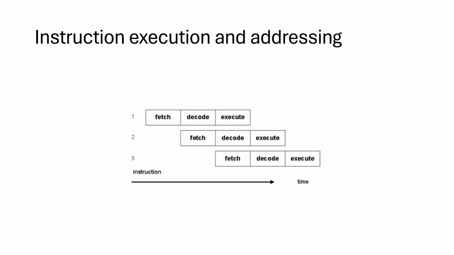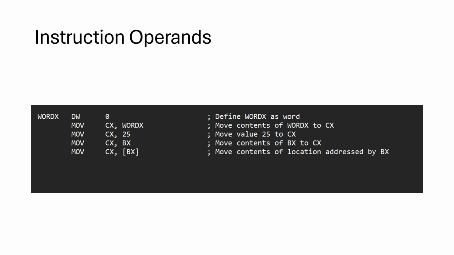The code segment contains instructions that are to be executed, whereas the data segment contains the data that the instructions will refer to. Then we have the instruction operands. An instruction may have 0, 1, 2, or 3 operands.